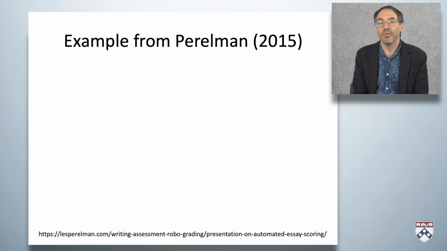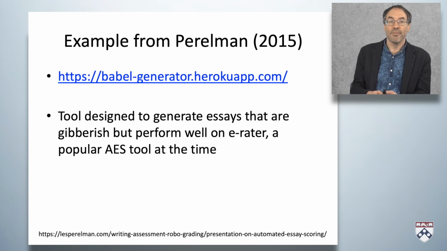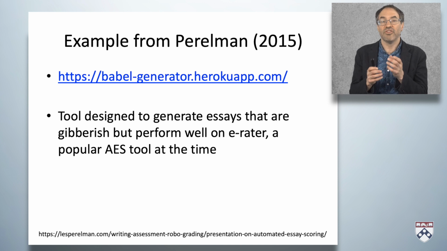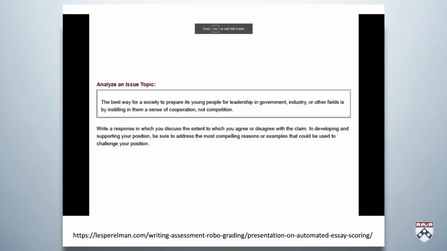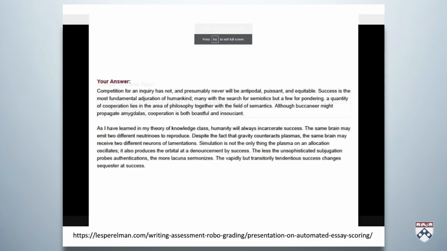Here's an example from Perelman 2015. A tool designed to generate essays that are gibberish but perform well on E-Rater, a popular automated essay scoring tool of its era. So for example, a student might be given an essay prompt to analyze an issue. Perelman's tool is able to make complete gibberish, and you can take a look here. This is nonsense, right?